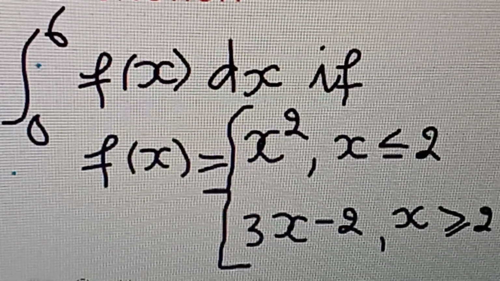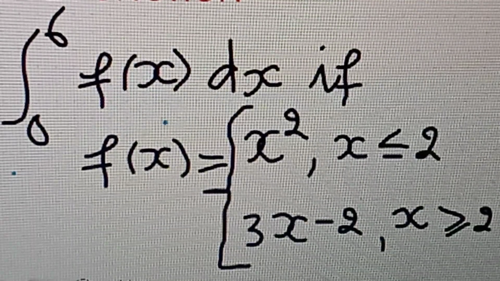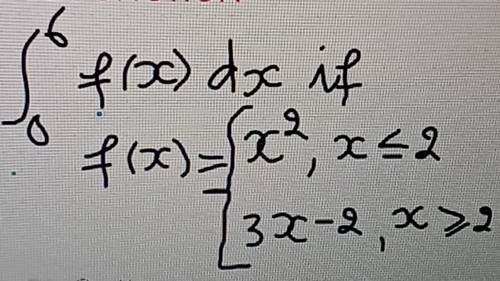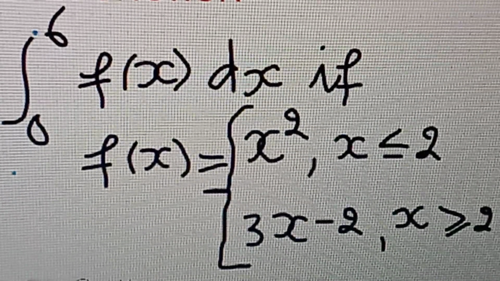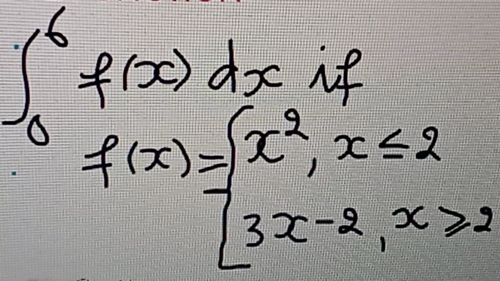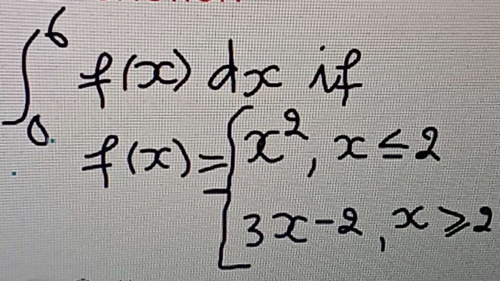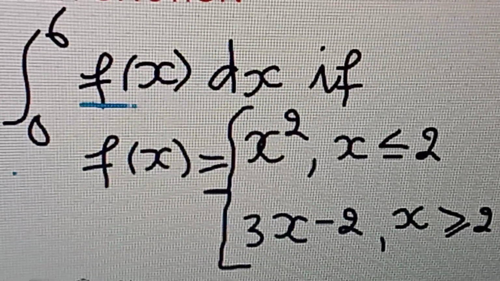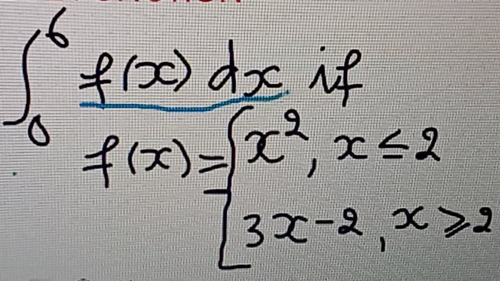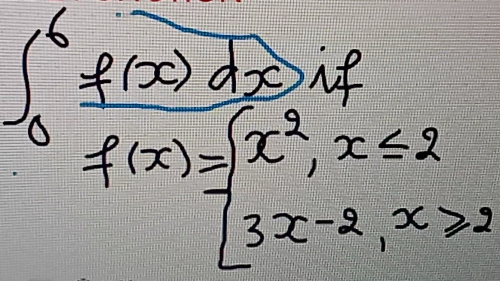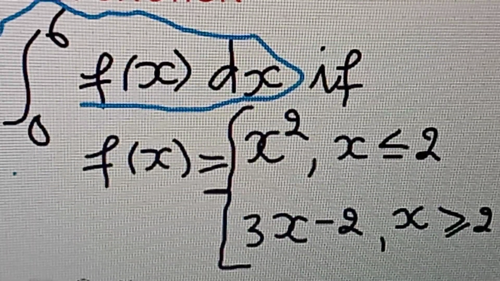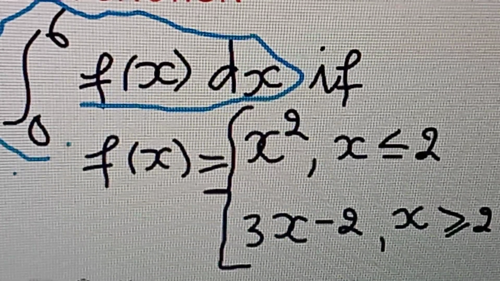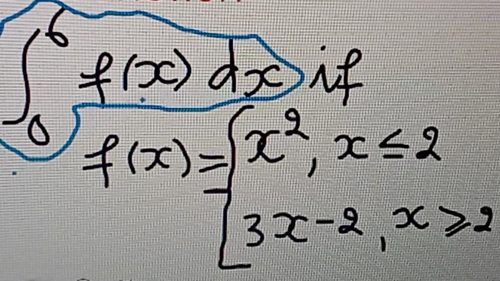Using a typical example, let's see what a piecewise function looks like. Let's give you an example. Integral from 0 up to 6 of f of x dx, we write as integral from 0 up to 6 of f of x.